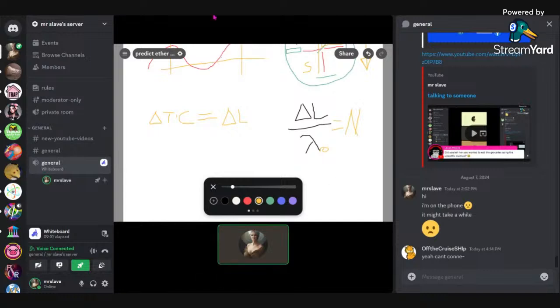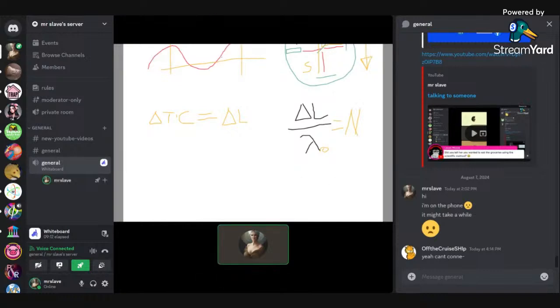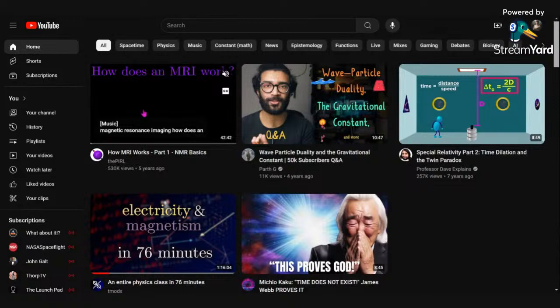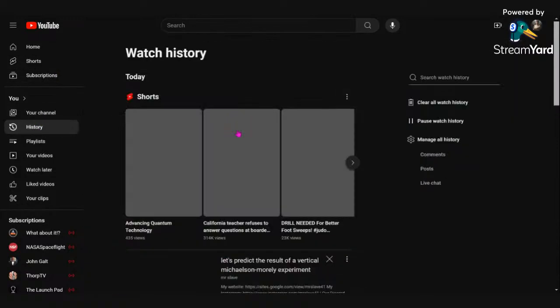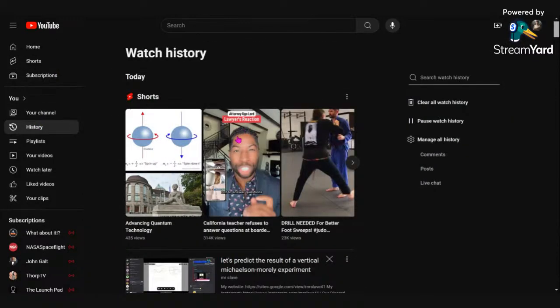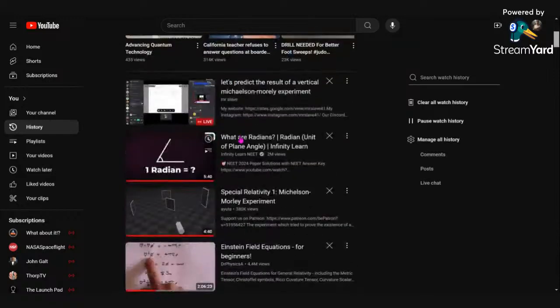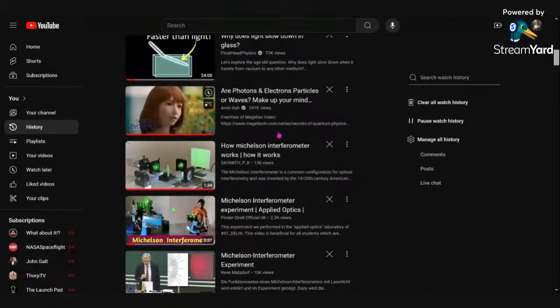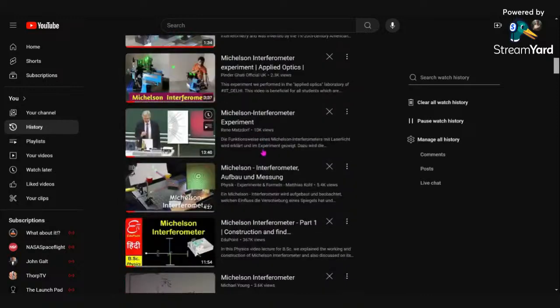Now we know that red light, we saw the video yesterday. Let me open a new thingy. We need the wavelength of a red laser. So in my history, we should be able to see the experiment. We saw so many experiments.